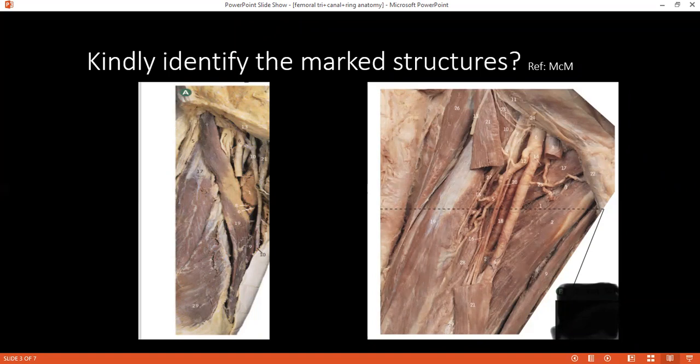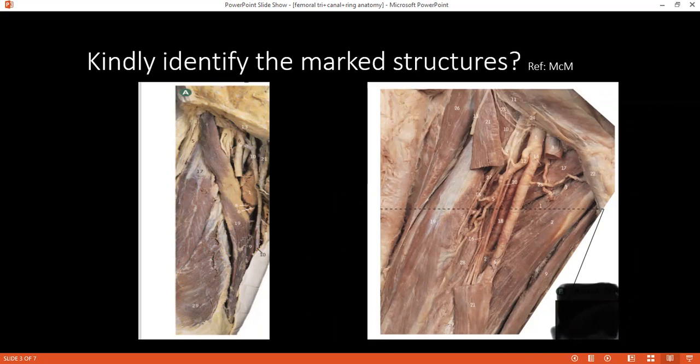Can you please tell me one pathological and one physiological significance of femoral canal, please? Pathological is it is an area of weakness for femoral hernia. And physiological, I have no idea.